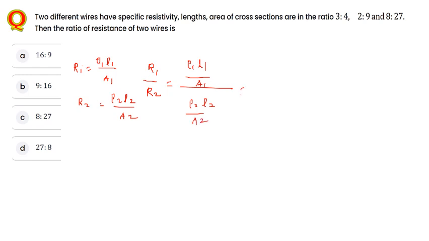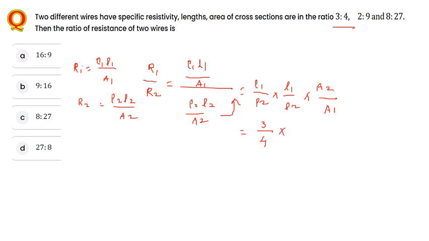I just simplify this equation for better understanding: rho 1 divided by rho 2, into L1 divided by L2. Then A1 and A2 are in the denominator, so this will come over here as A2 divided by A1. Now, rho 1 by rho 2 they have already given, that is 3 is to 4, so I write 3 divided by 4.